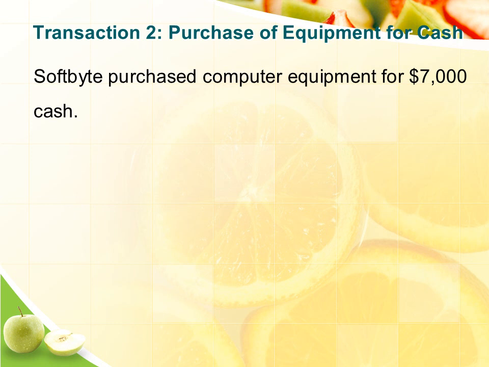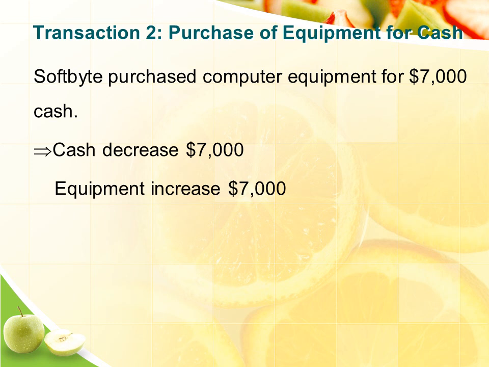It means computer equipment, or assets, increase. And this company paid cash to the seller, so cash decreased. Yes, the answer is cash decreased $7,000. Equipment increased $7,000. So the total assets remain $15,000.